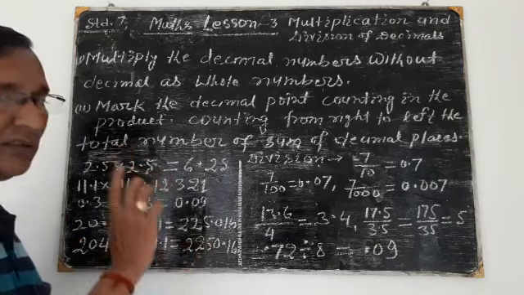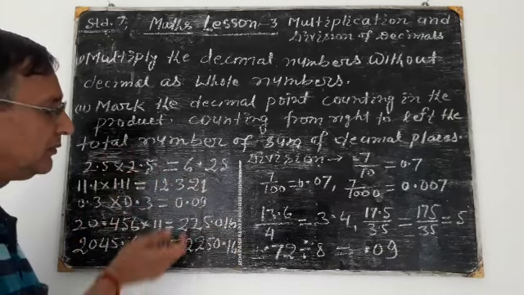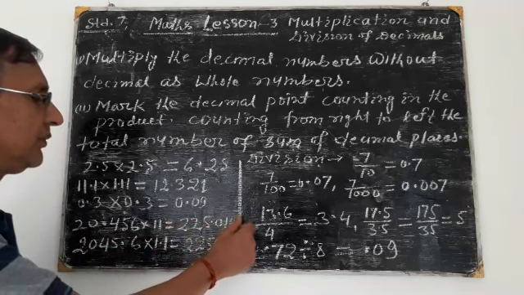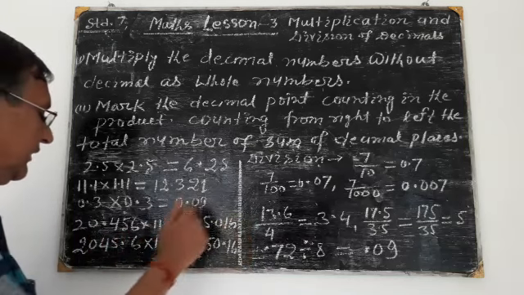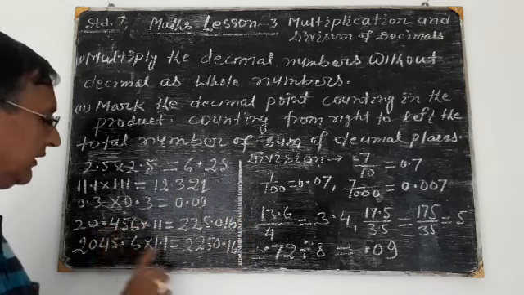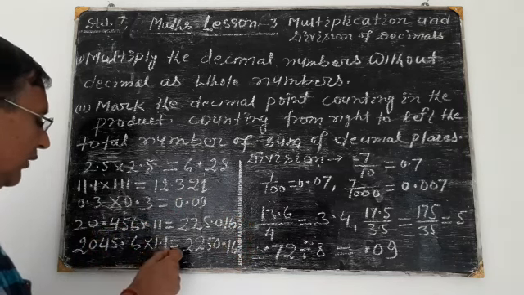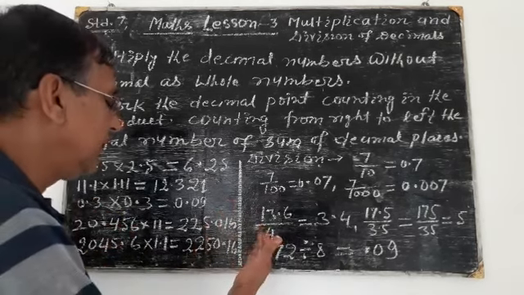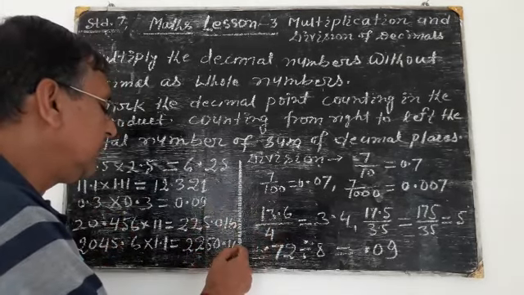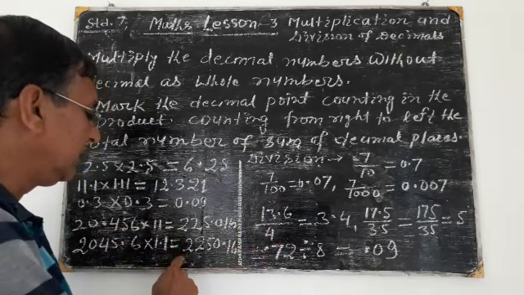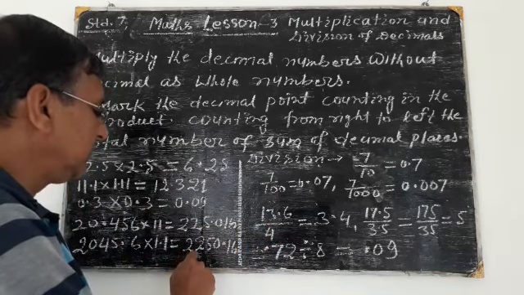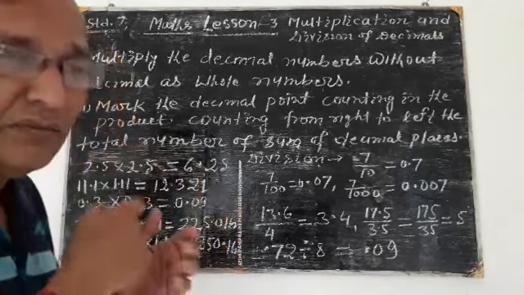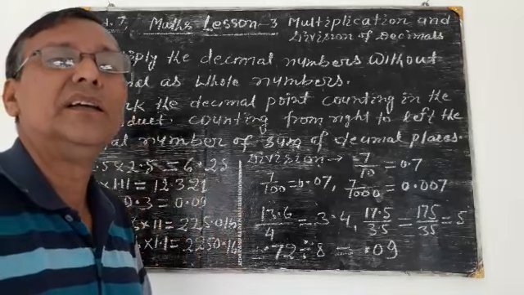So the product digits are the same, but inserting the decimals, in the first case we insert after three places, and in the second, counting from the right, we insert the decimal after two digits, and the result is 2250.16.